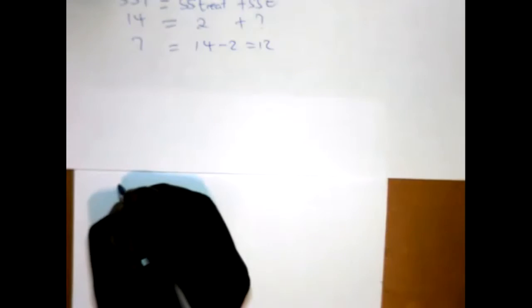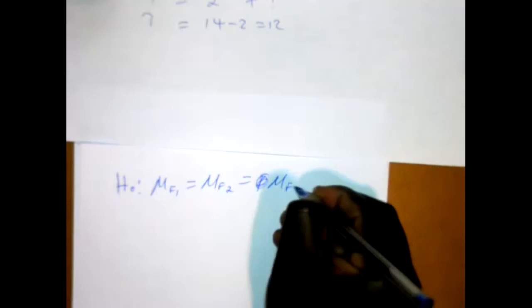Our H naught will be saying the average for fertilizer 1, mu, is the average yield for fertilizer 1, which is the same as the average yield for fertilizer 2, which is the same as the average yield for fertilizer 3. Mu is Greek for just average.